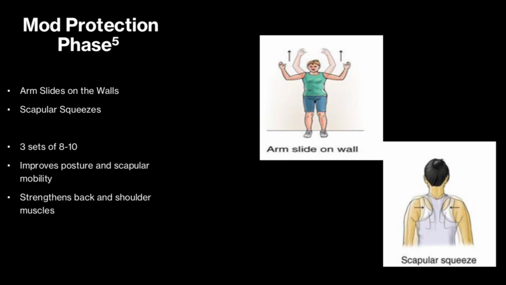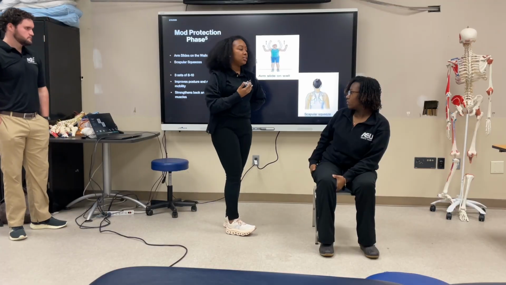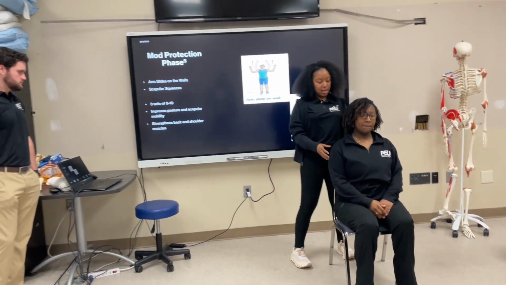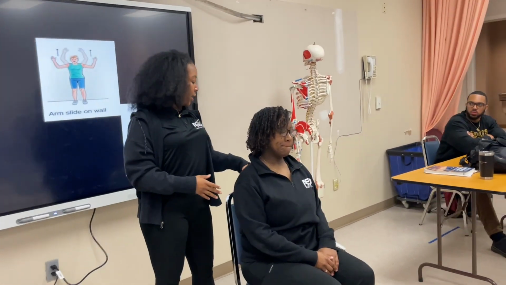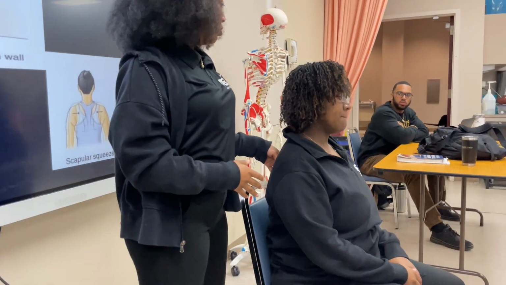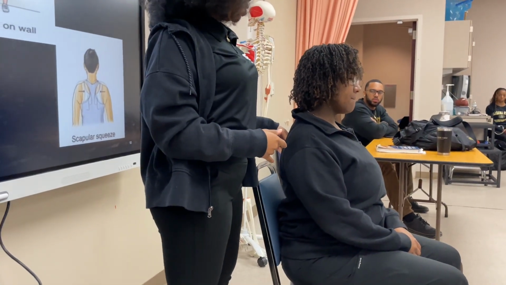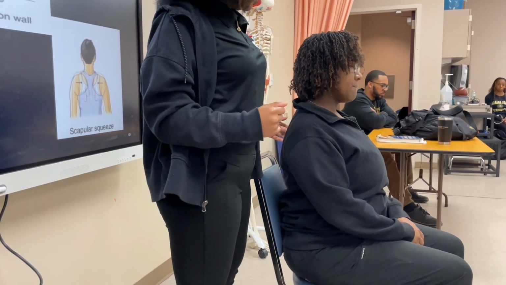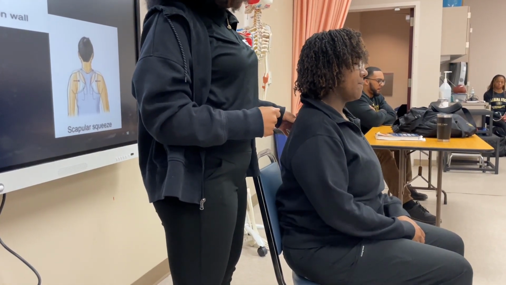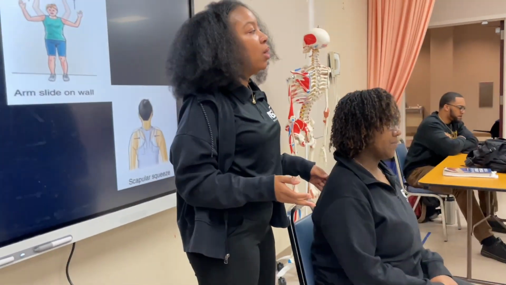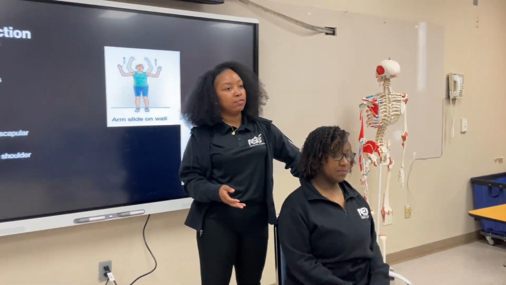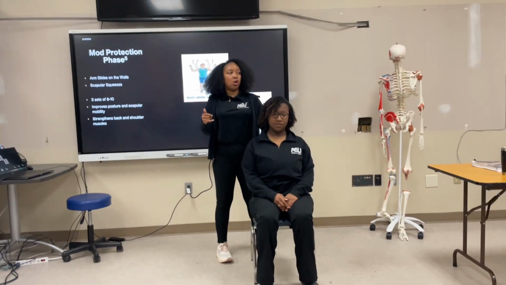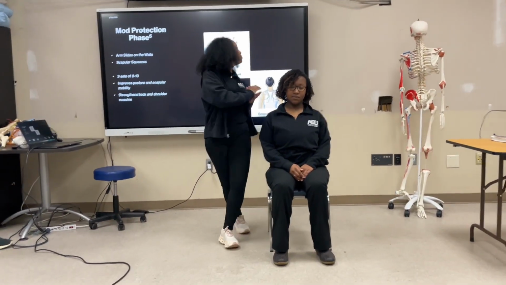To have your patient perform scapular squeezes, you want to tell them to sit up straight, shoulders back, and bring your shoulders back and act as if you're trying to pinch a pencil in between your back, and just hold it for 8 to 10 seconds. So you just want to squeeze and then relax. And then also to help them, if you want, you can place your hand at the back of their back to tell them exactly where you want them to focus on squeezing and holding that position.